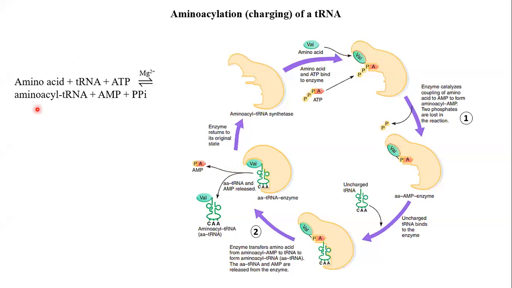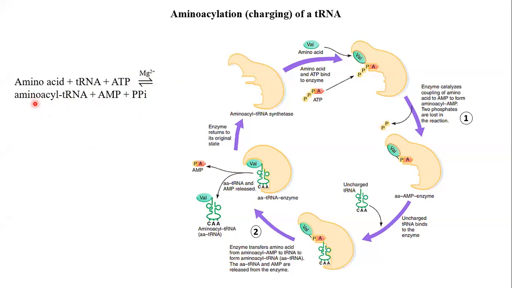So what is the ultimate reaction? Amino acid plus transfer RNA plus ATP, with the enzyme which requires Mg2+, gives amino acyl transfer RNA plus AMP plus pyrophosphate, right?